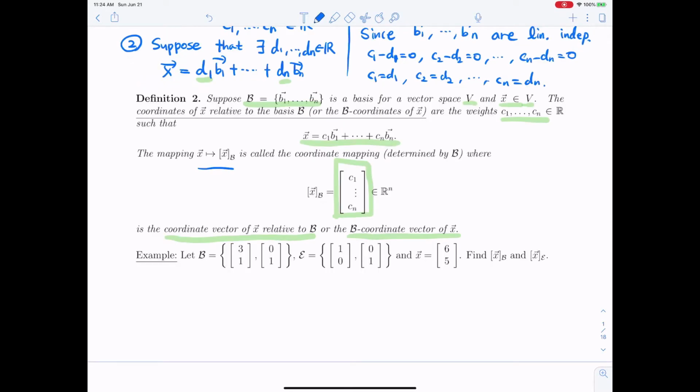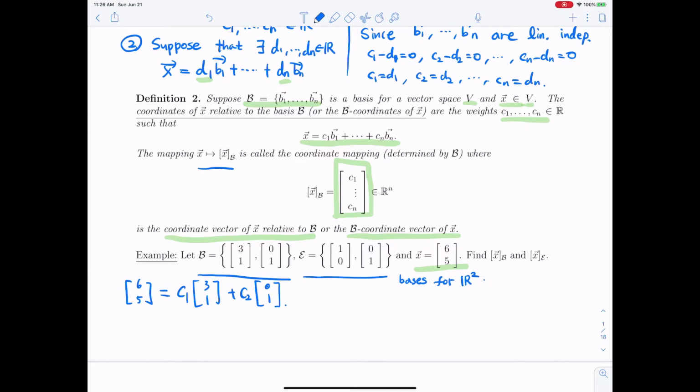So let's look at this example. Suppose that you have a set of vectors B and E given in this way. They form a basis for R2. And suppose that you took the vector x, which is given by 6, 5. To find the B coordinate of x, first of all, we have to write x, which is given by 6, 5, as a linear combination, say c1 times 3, 1 plus c2 times 0, 1.